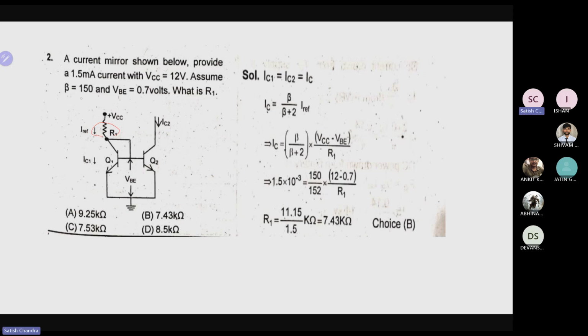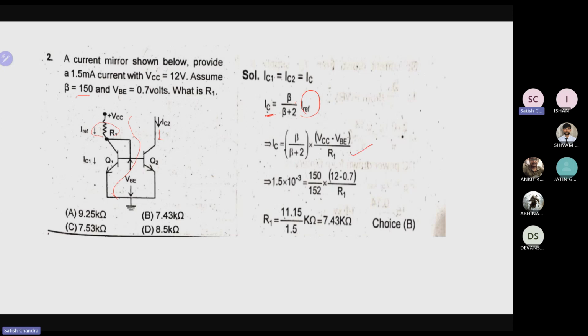As you can see here, assuming that beta is 150, the current across this one is nothing but beta by beta plus one. As we already know, IREF we can achieve by applying a KVL across this.